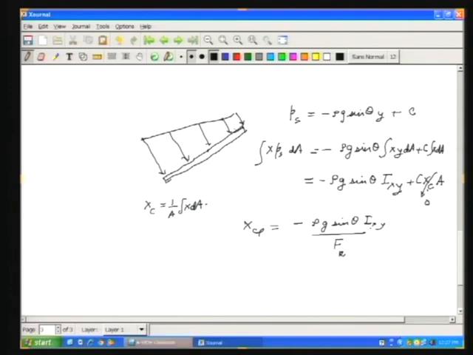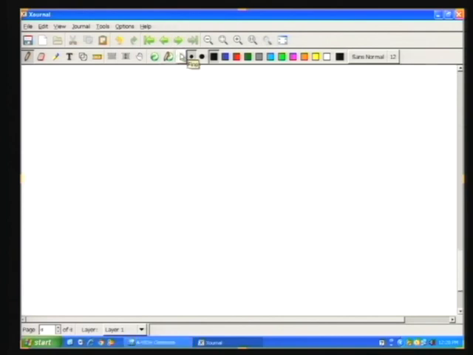Now, this is going to be 0 if the cross section is symmetric. So, for example, if I say this is my inclined surface and the other view is a rectangle, let us say.